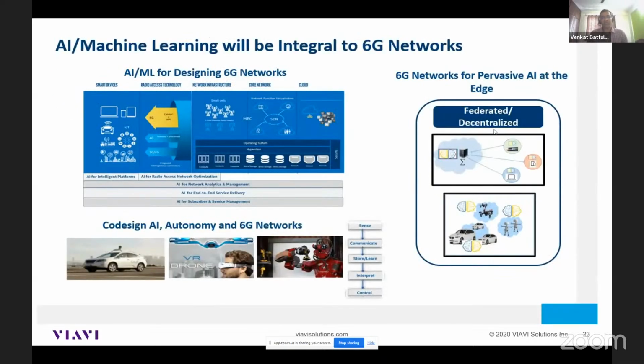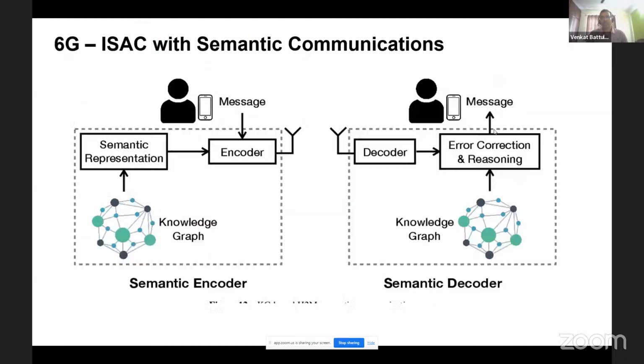So the machine learning, this artificial intelligence, keeps learning about your channels, how the channels are present, what kind of situations are there. Then it will adapt the beamforming, modulation, and all this to optimize the communication aspects. Again, semantic communication is another solid area that is coming up.